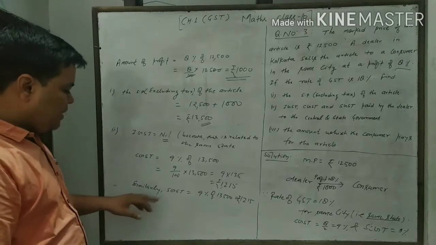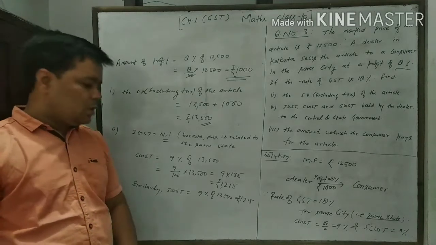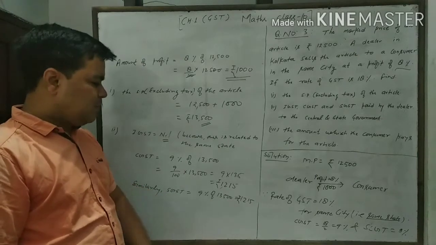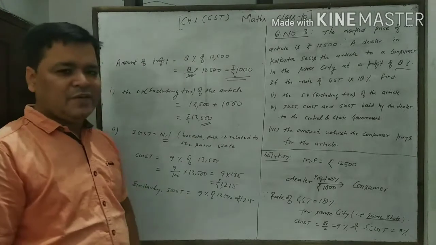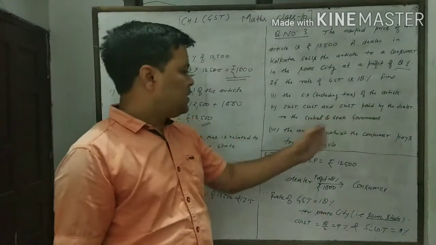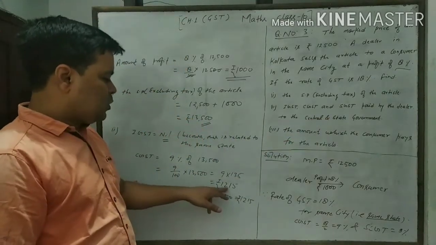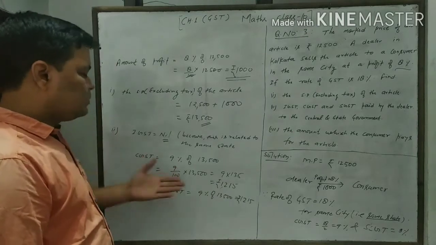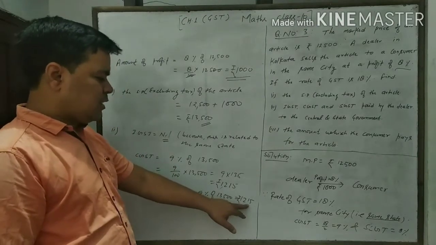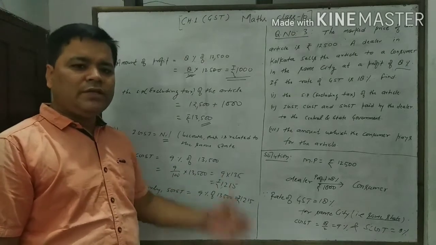Similarly, we can find SGST also. That will be 9% of 13,500, means 1,215 rupees. It means the dealer will pay 1,215 rupees to the central government and the same value to the state government.